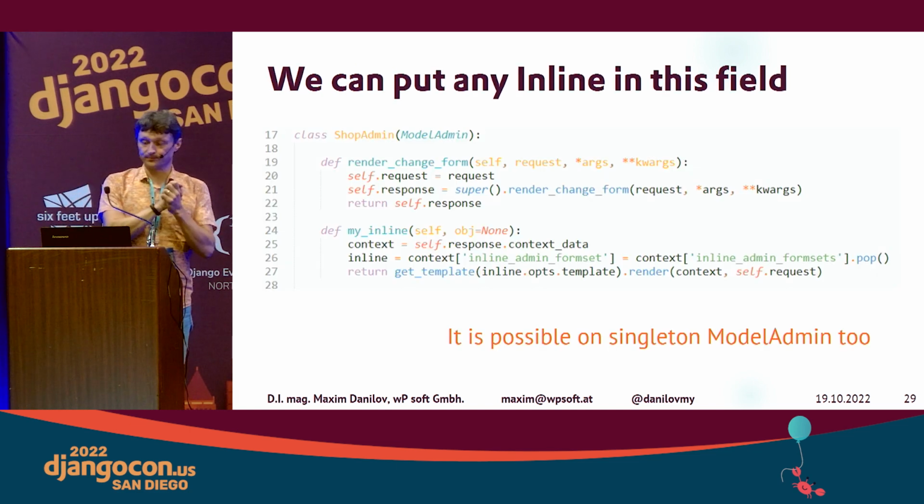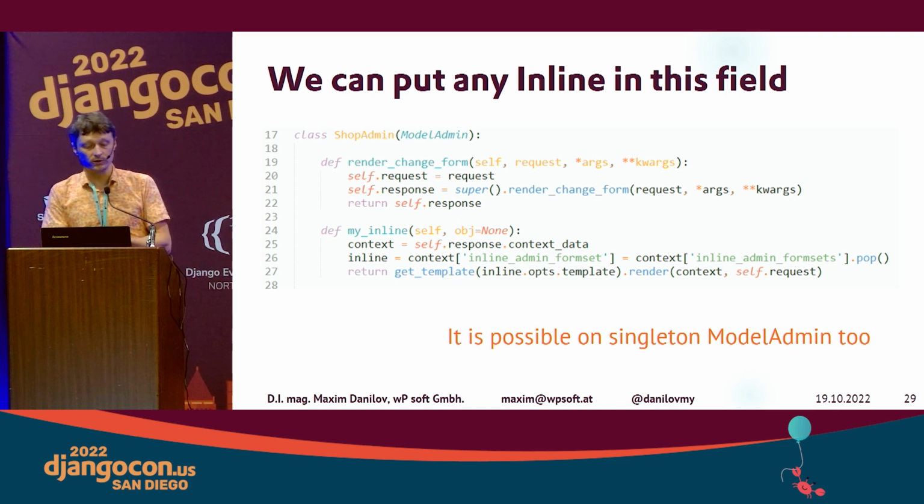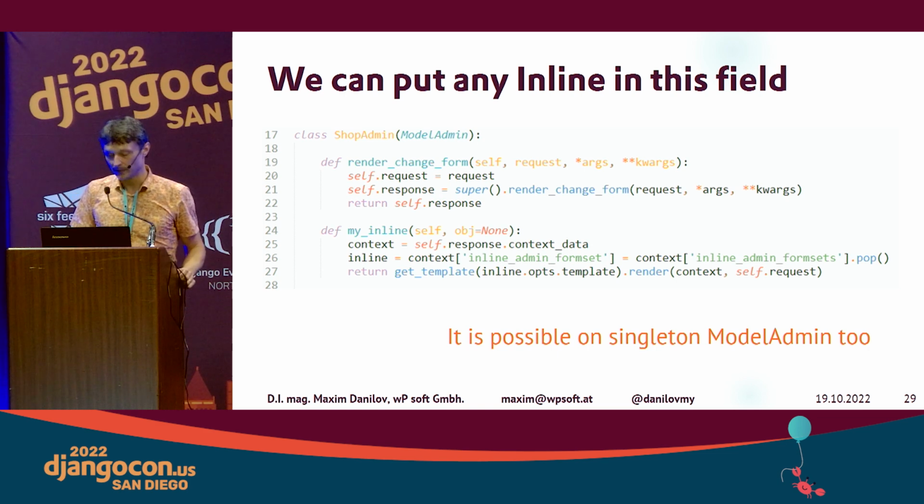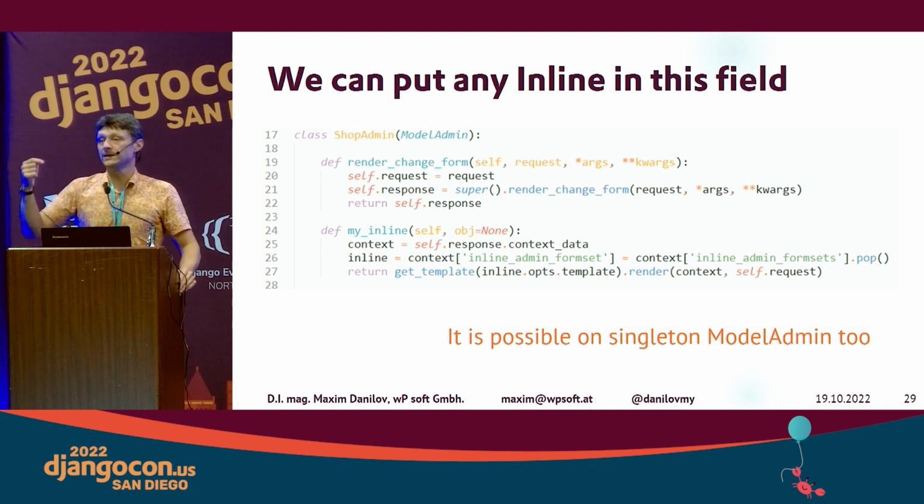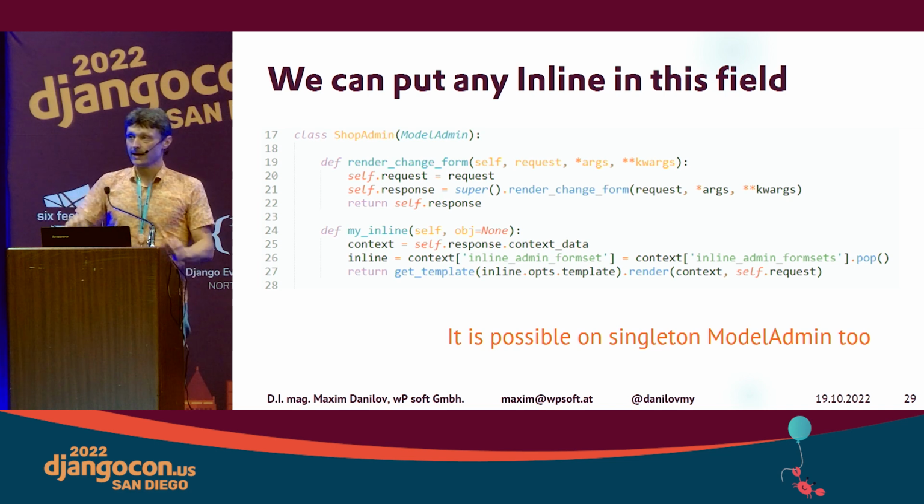What can I do? At first, I save the response and request in my model admin on render change form, and after that, when the render for my read-only field comes, I render one inline from the context at this place. That's all.